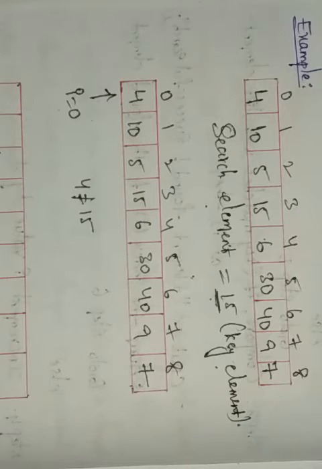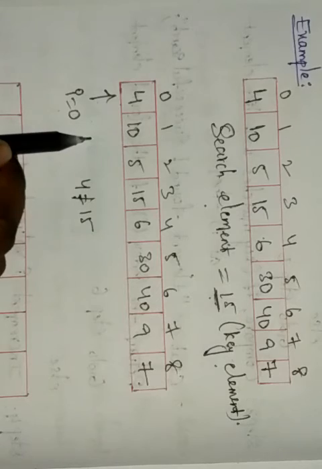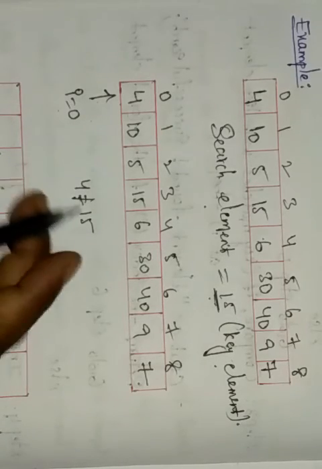So then we need to move to the next element, which is 10. In step 4, you have to increment our index by 1. That is what we are doing here, moving to 10.